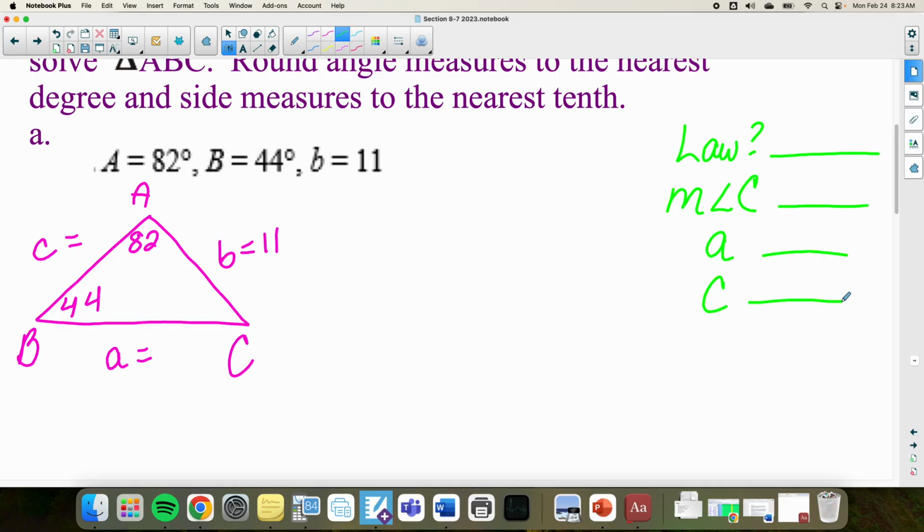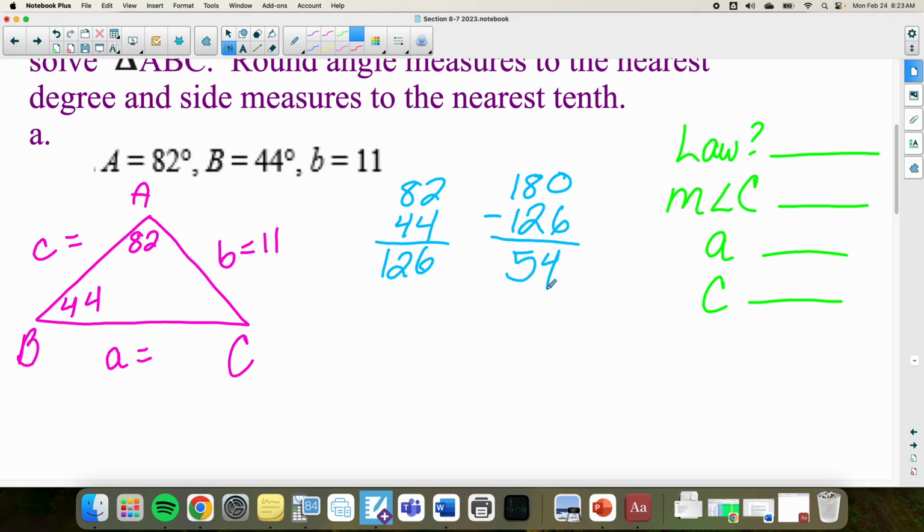So if I look here, let's find angle C first. Is that easy if you know 2 of the angles? Wouldn't you just add together 82 plus 44, which is 126, and subtract that from 180, and we'd get 54, okay?